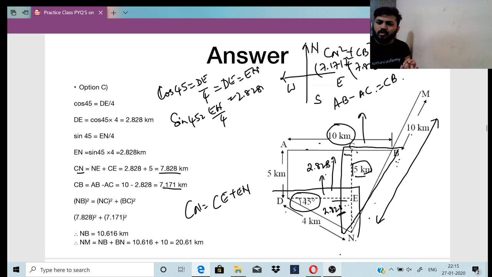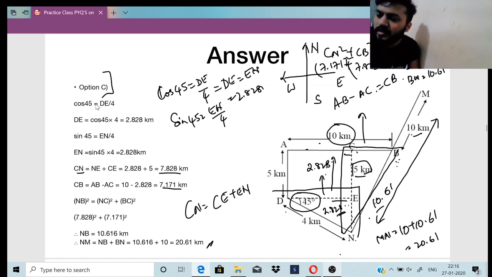Then take the square root and you will get BN's value. The value of BN is 10.61. So MN is equal to 10 plus 10.61, which is 20.61. So that is the answer, option C.